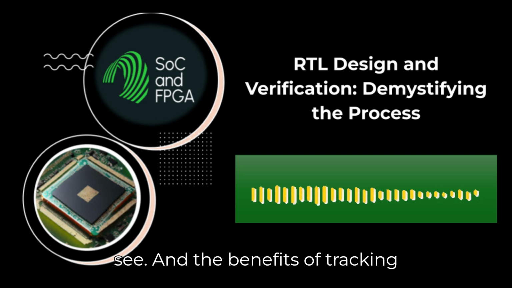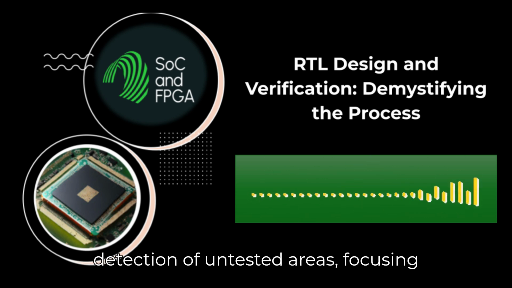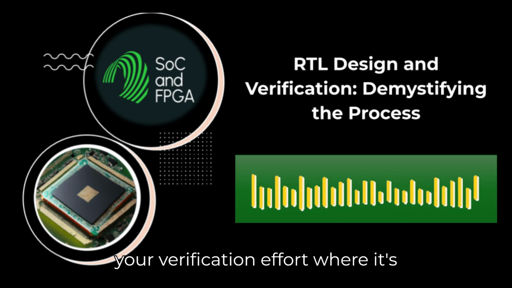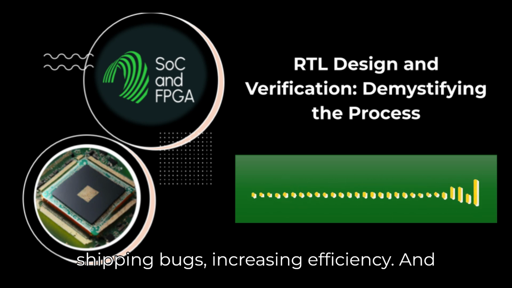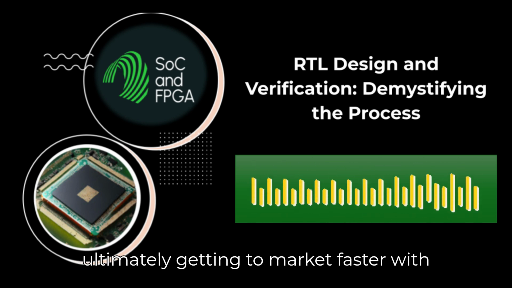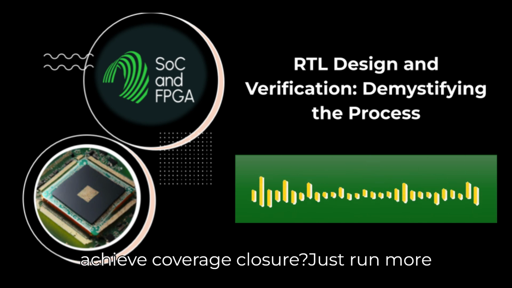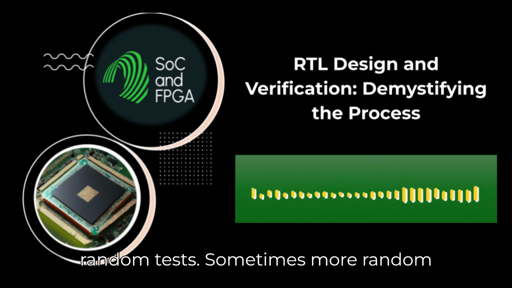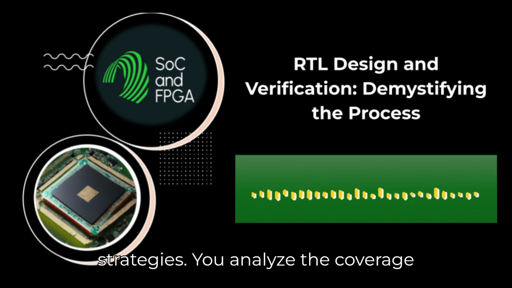I see. And the benefits of tracking coverage seem obvious then. Huge. Early detection of untested areas, focusing your verification effort where it's needed most, mitigating the risk of shipping bugs, increasing efficiency, and ultimately getting to market faster with higher confidence. How do teams actually achieve coverage closure? Just run more random tests? Sometimes more random helps, but often you need more targeted strategies.